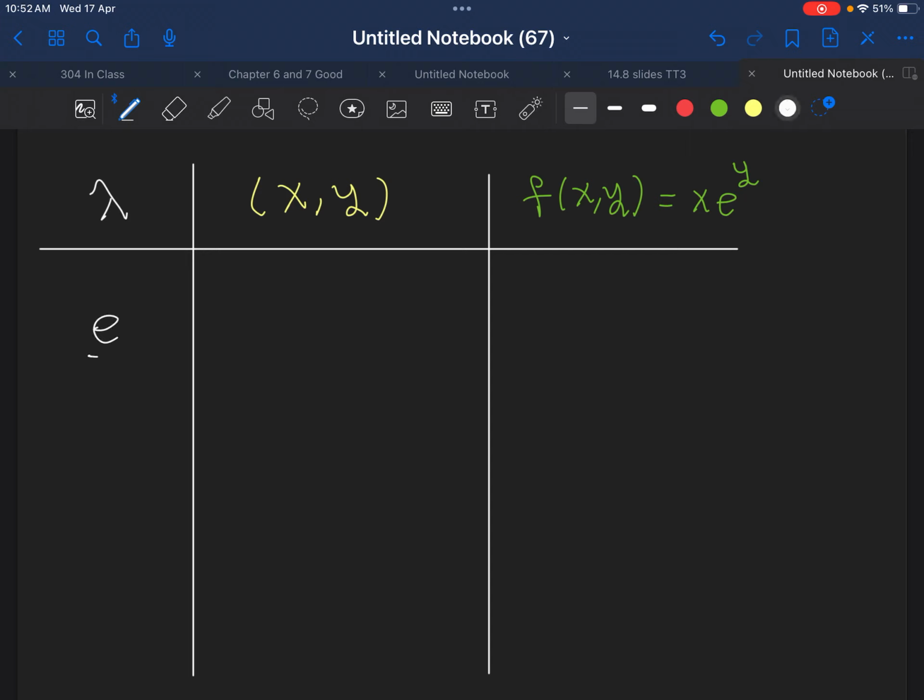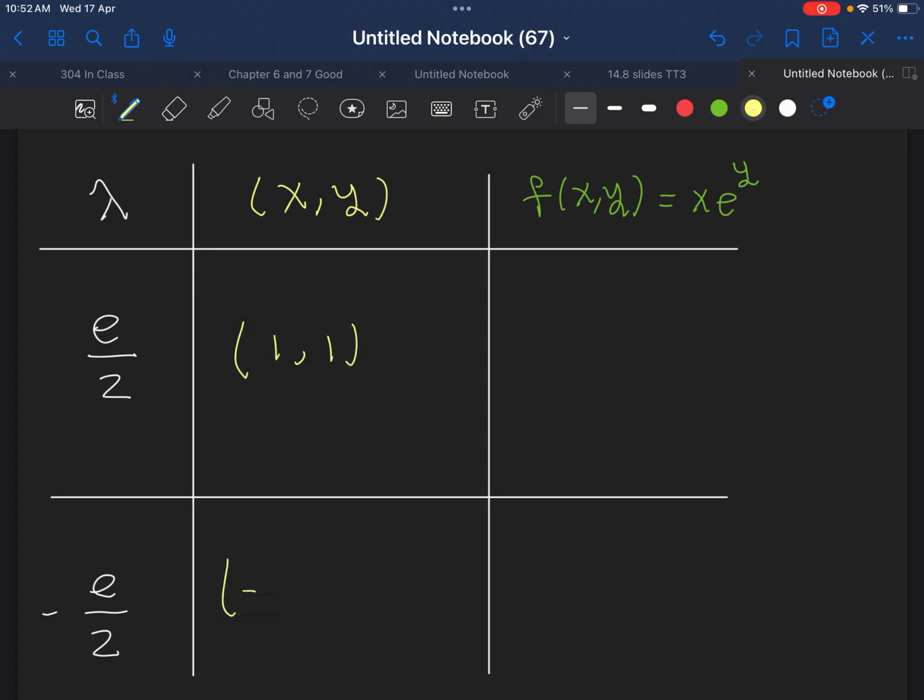First lambda was e over 2, second lambda was negative e over 2. This was 1 comma 1, and this was minus 1 comma 1. Now if we substitute, we get e, and this will get us negative e.